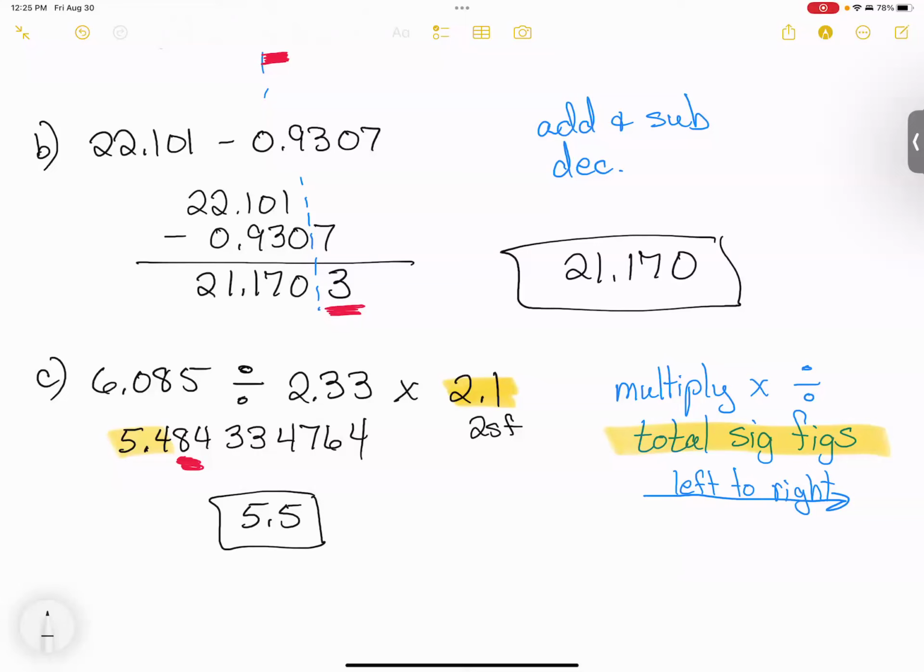Last one. This is addition and subtraction, and it's the decimal places that matter. You have 3 decimal places, you have 4 decimal places. The one with the fewest has 3 decimal places, so our answer can only have 3 decimal places.